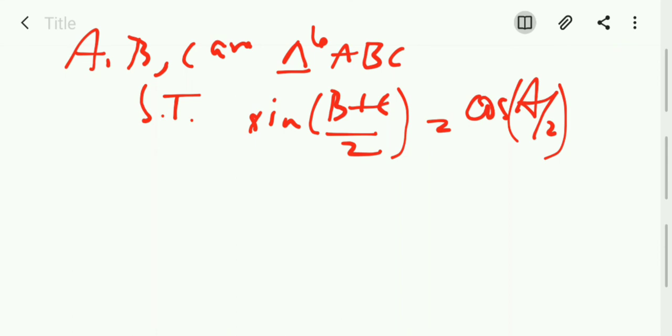Now we all know the sum of interior angles, right? A plus B plus C is equal to 180 degrees.